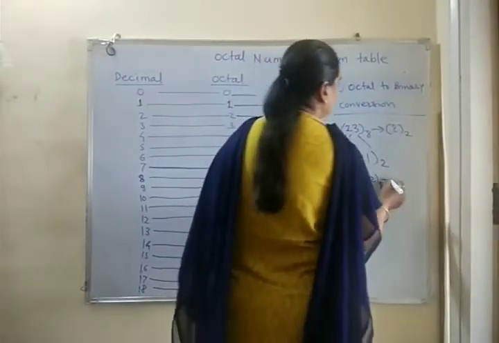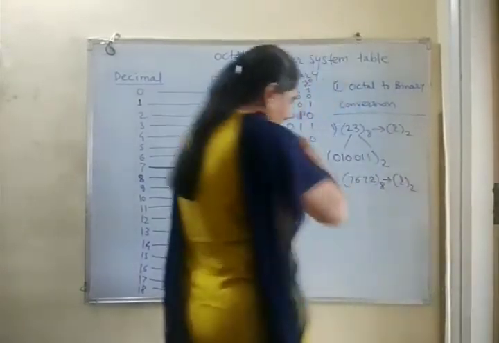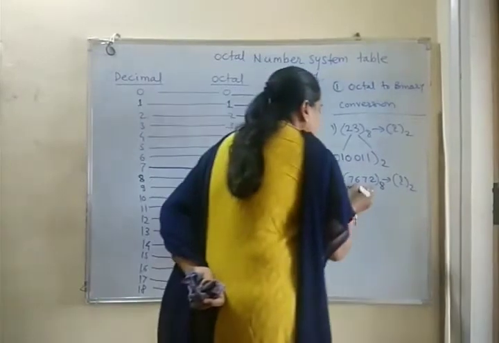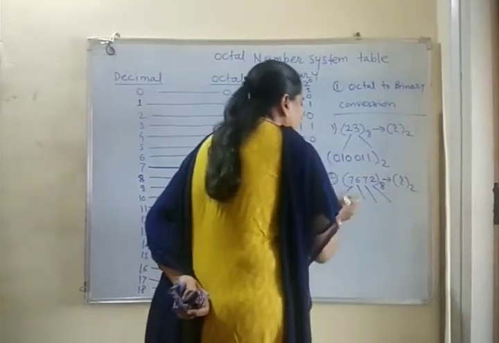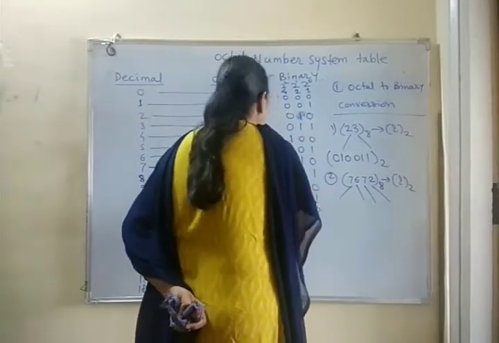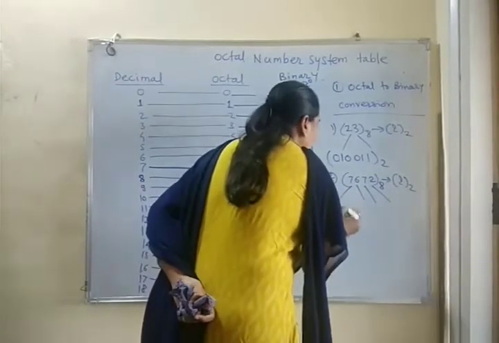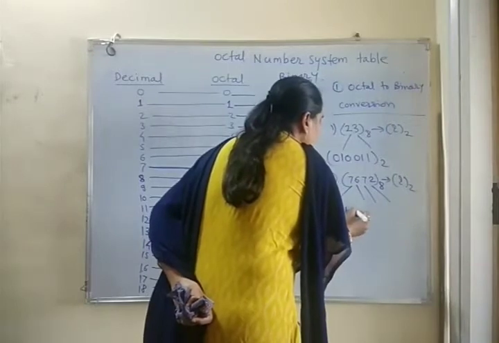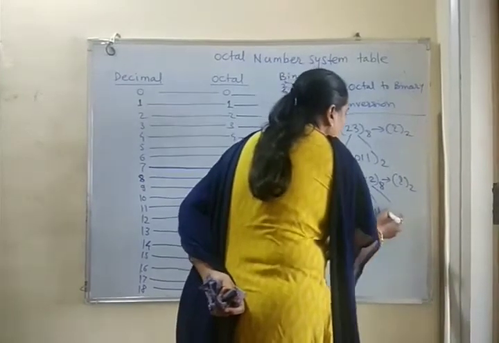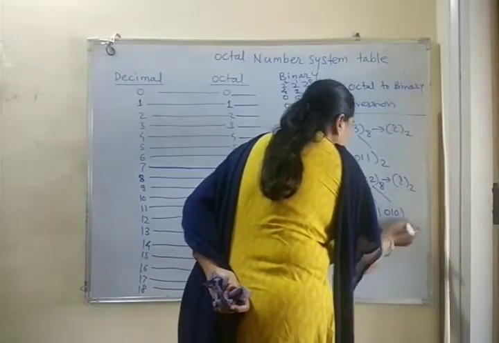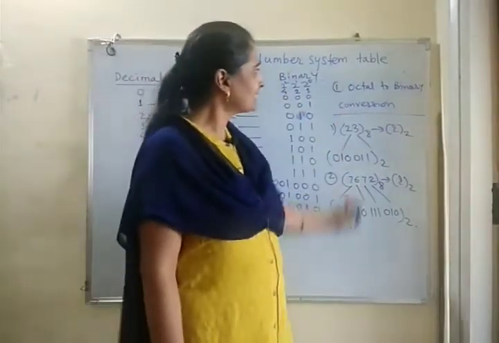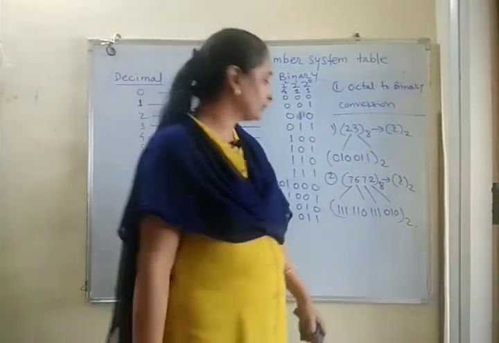So this is your octal number system, and when you represent it in binary, at that time you have to take the representation. 7 is represented as 111, 6 is represented as 110, 7 is again 111, and 2 is 010. So this is your octal to binary conversion.